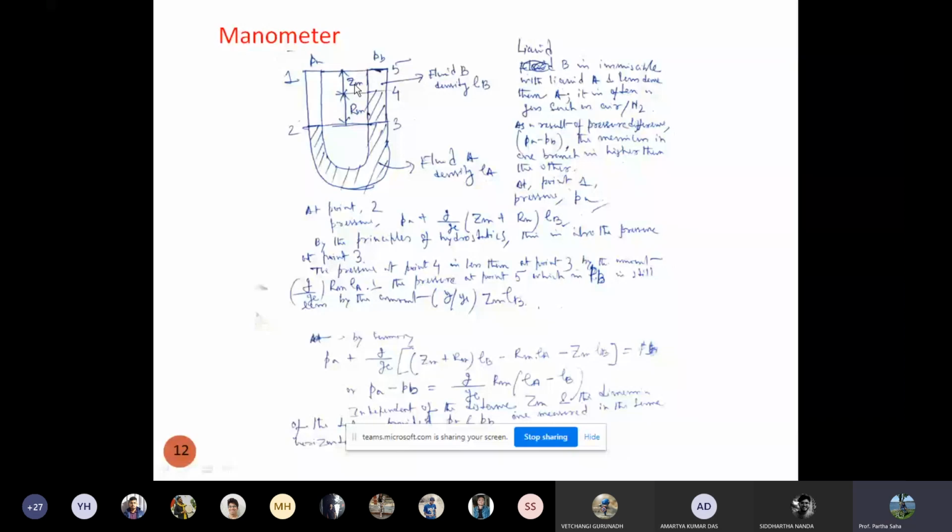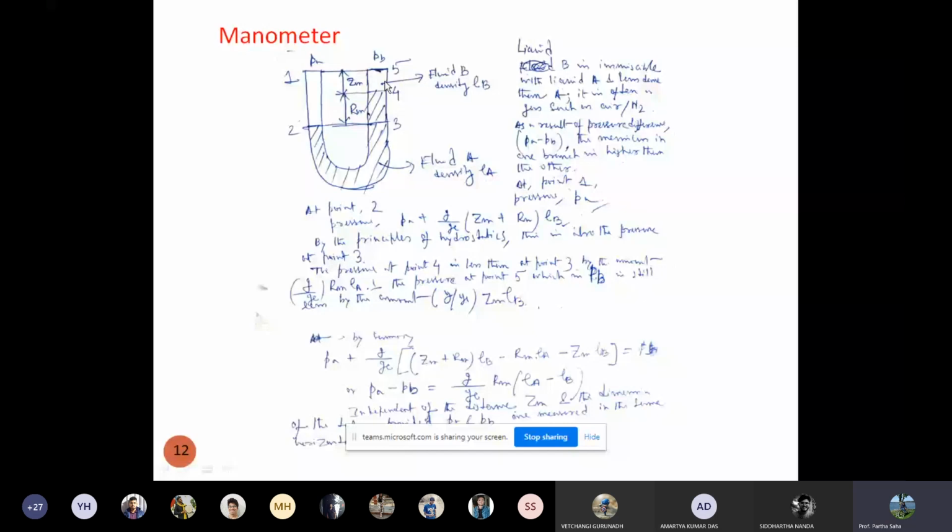So that much less will be the pressure at point 4, and at point 5 the pressure will be again less by g/gc Zm rho B, right?